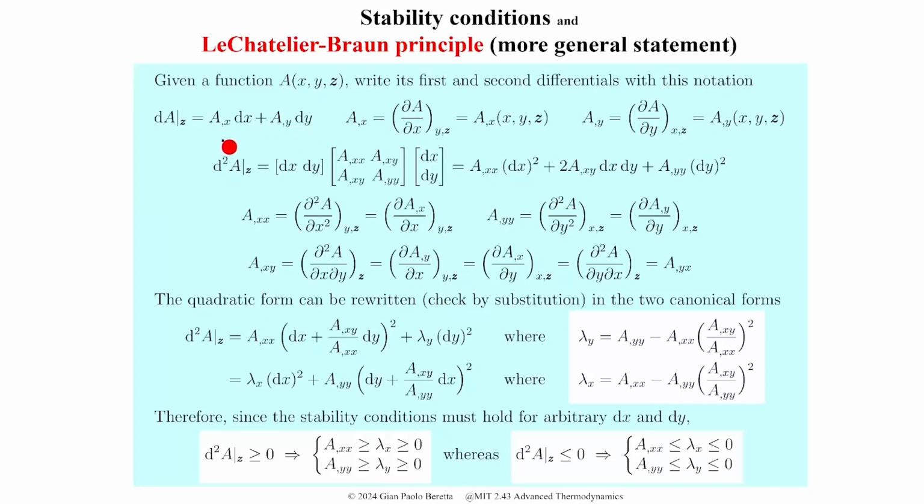I'm going to use the notation comma x for partial with respect to x, which is often used in fluid mechanics, so maybe you've seen it already or elsewhere. And for example, comma double x is the second derivative with respect to x twice. Comma xy is the derivative with respect to x and with respect to y.